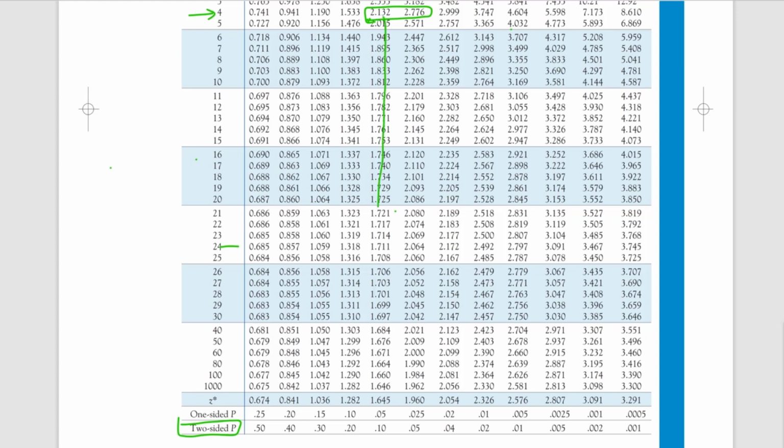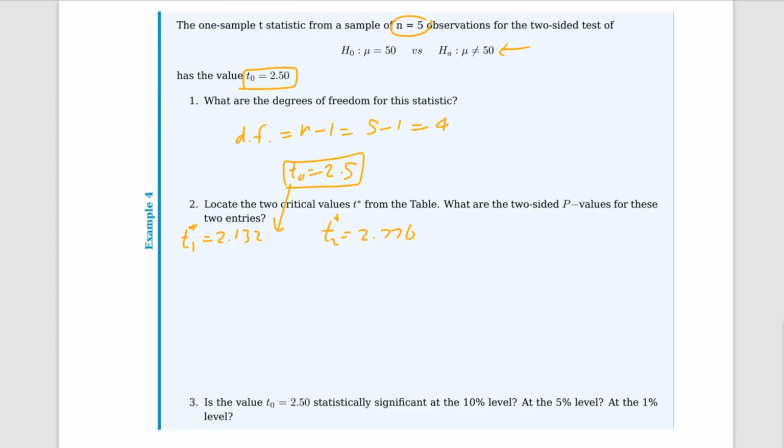Therefore, come from here and you see this is a two-sided 0.1 and this is 0.05. Understand that? 0.1 and 0.05. So we will go from here, this is 0.1 and this is 0.05.